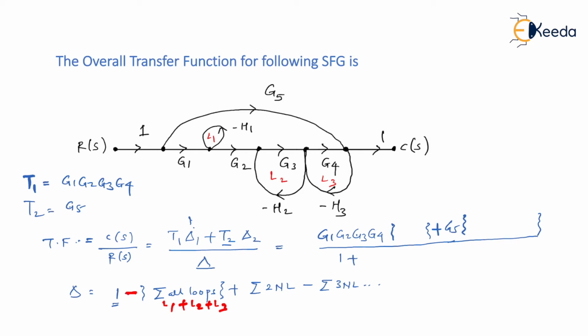Summation of all the loops: loop 1 as positive H1, loop 2 as G3H2, loop 3 as G4H3. Please don't forget, this is your L1, this is your L2, this is your L3. But then this is not the end.